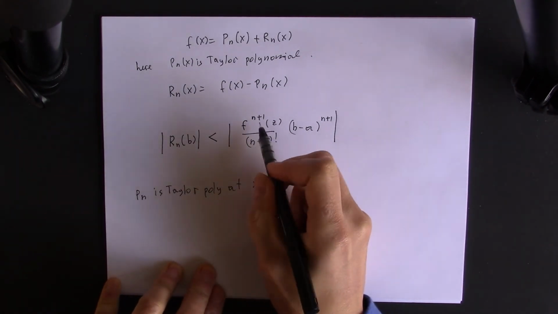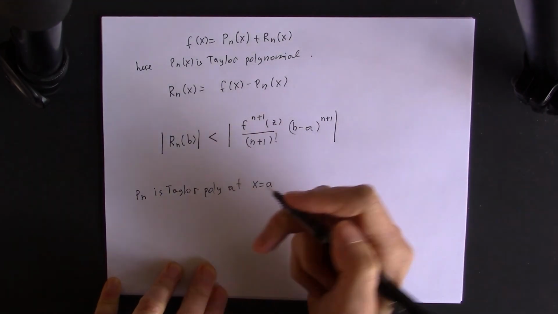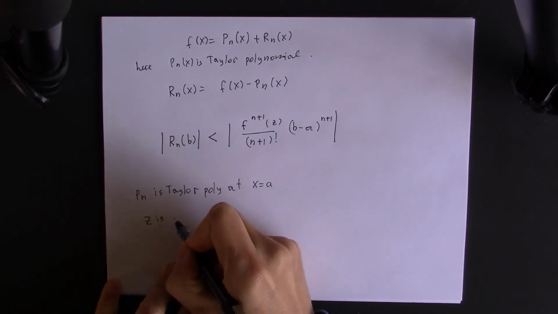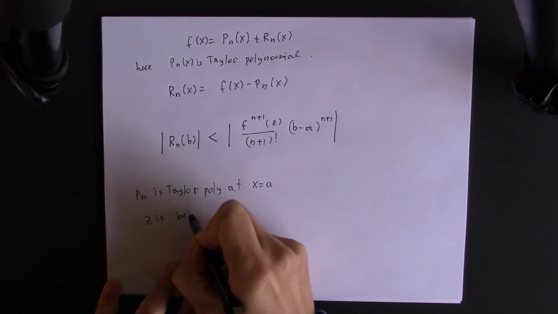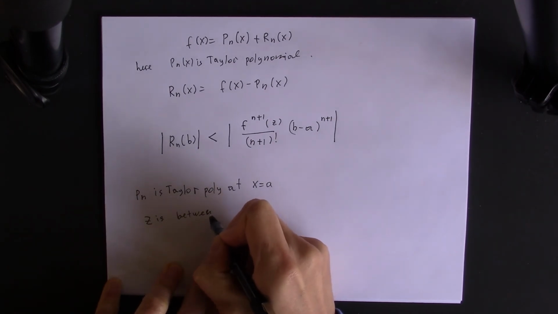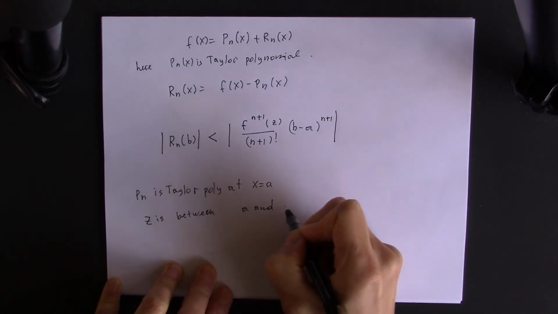We're assuming that our function has derivatives up to n plus 1, and z is between a and b.